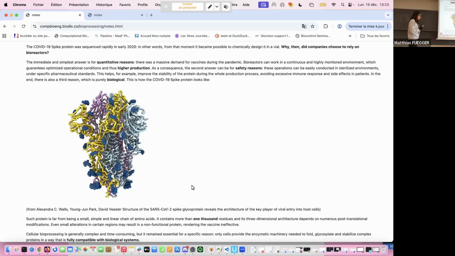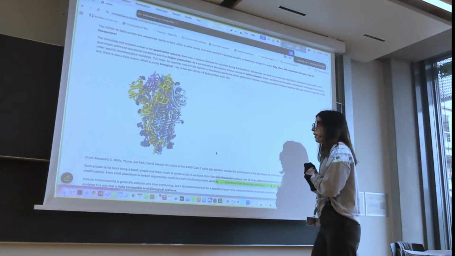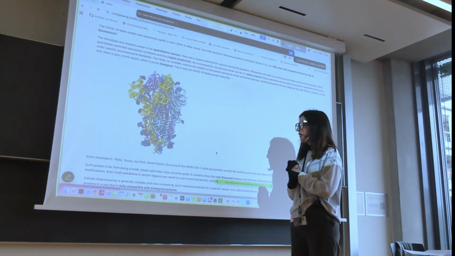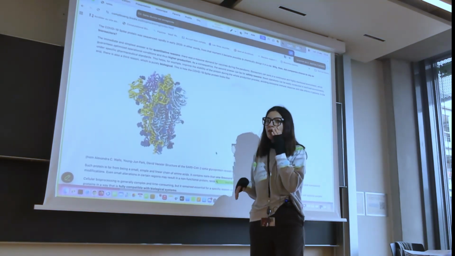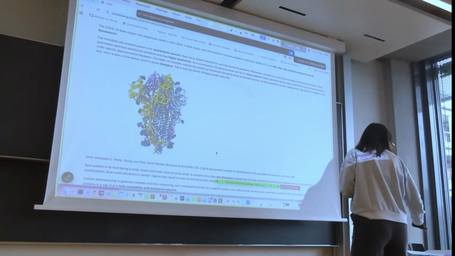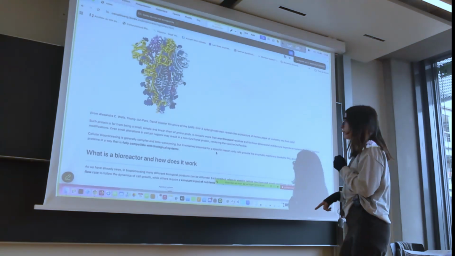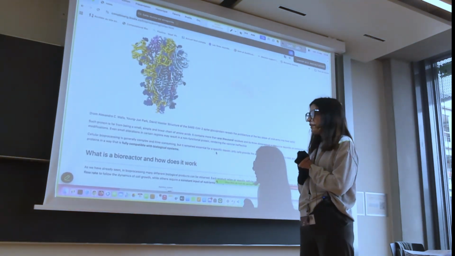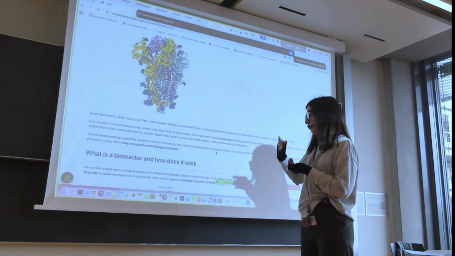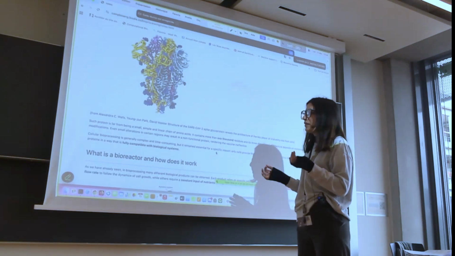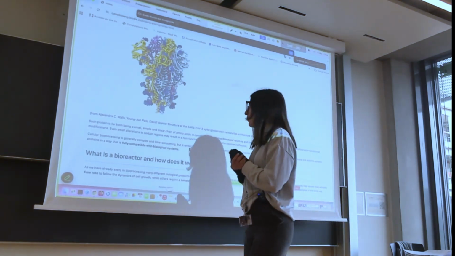And the third reason was biological, because the spike protein looks like the head. So as we can see, it's a complex molecule. We can see all these cross bindings etc. here. So it's not a long chain of amino acids that we can build in a vial, for example.